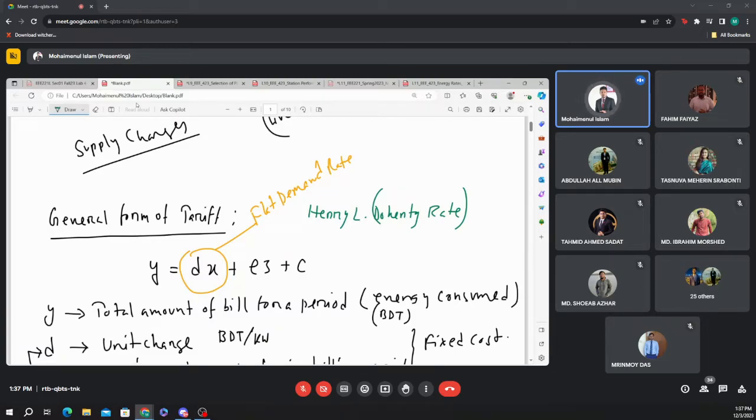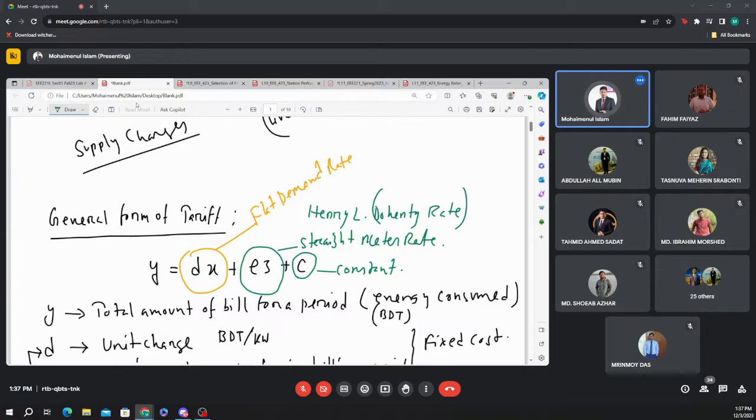As you see, the first one is flat demand rate. The next one is step, we can say step meter rate, whatever. And the third one is our constant, or we can say service charge. So it has three parts.